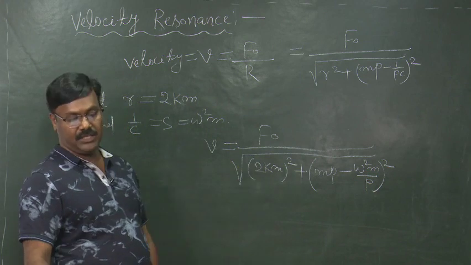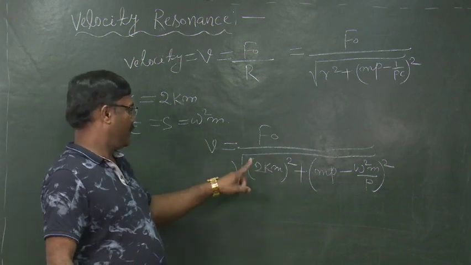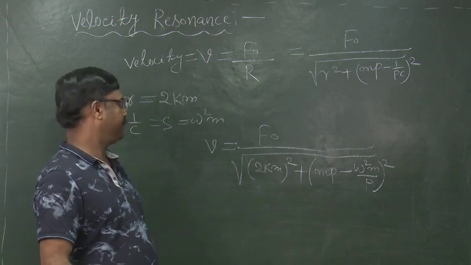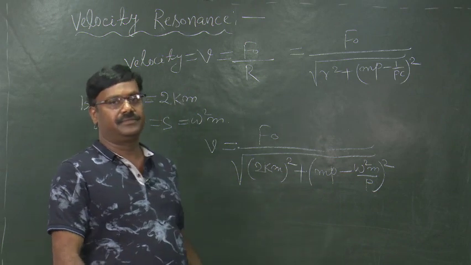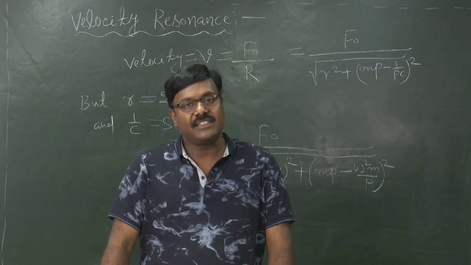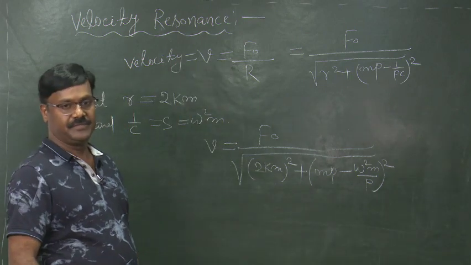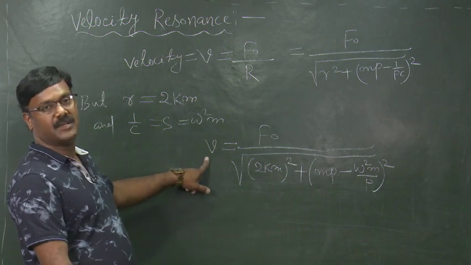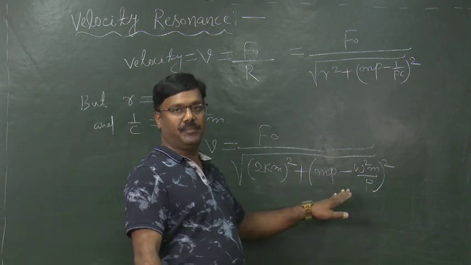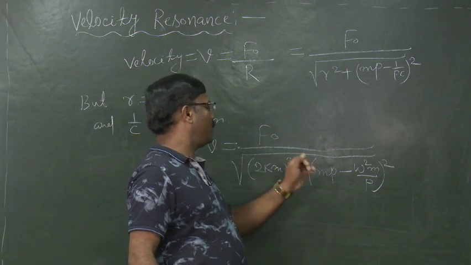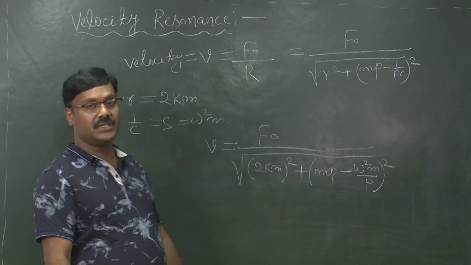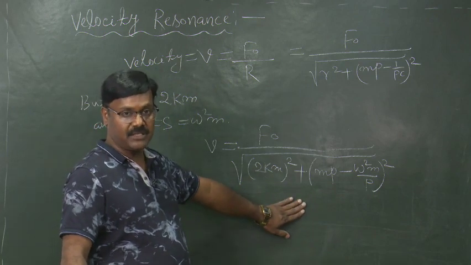The velocity will be maximum when the denominator of this expression becomes minimum. But we know the velocity will be maximum at resonance. So, to get the velocity resonance, that means to find the expression for the maximum velocity, we have to make this denominator minimum, and this denominator will be minimum when the derivative of this factor becomes 0.